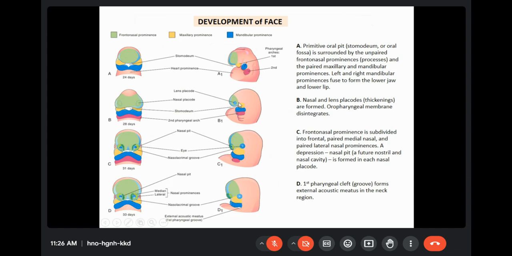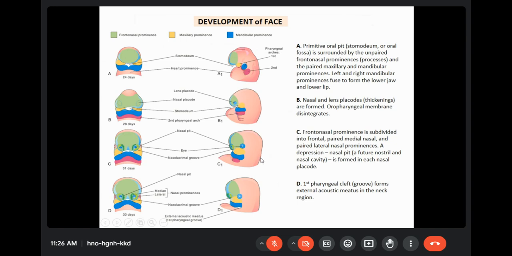They are seen in this picture, in the side view. So here forms the lens placode. The lens placode will form the lens of the eye of the embryo. In this stage, the oropharyngeal membrane ruptures, disintegrates, and the communication between the foregut and the stomodeum is established.